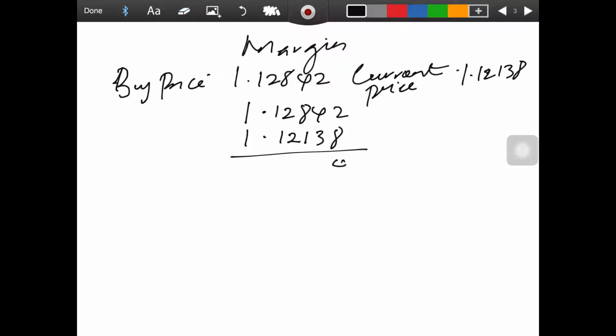12 minus 8, 4. 13 minus 3, 10. Put 1 over 8 minus 1, 7. Let me use my calculator to make sure I've gotten that right. 1.12842 minus 1.12138, that is 704.